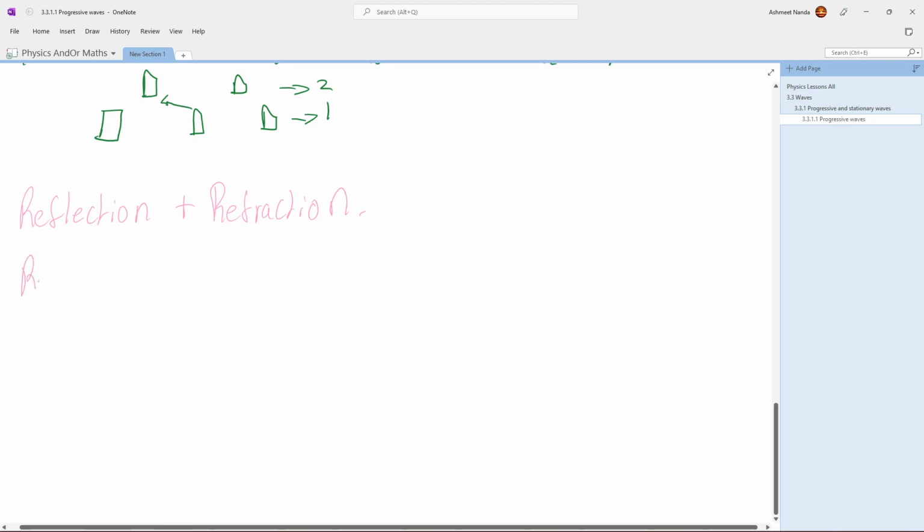Well, reflection is the wave bouncing back after hitting a boundary. In its simplest terms.